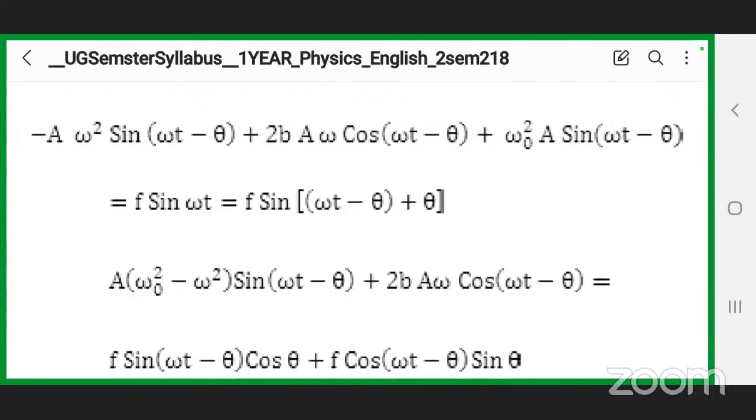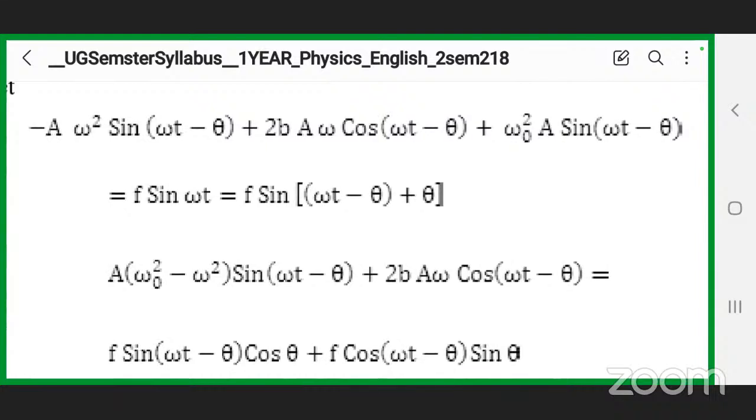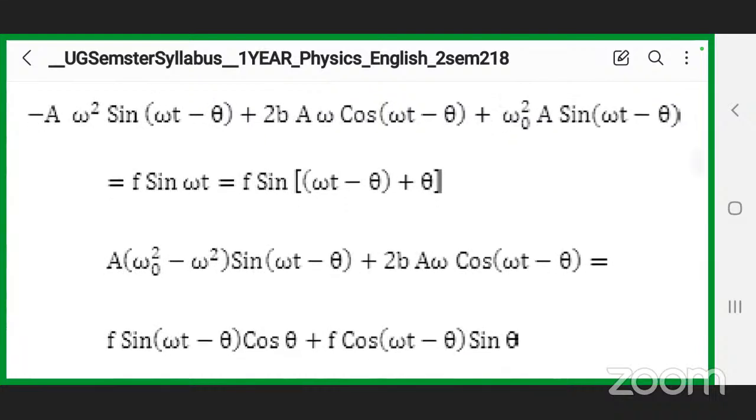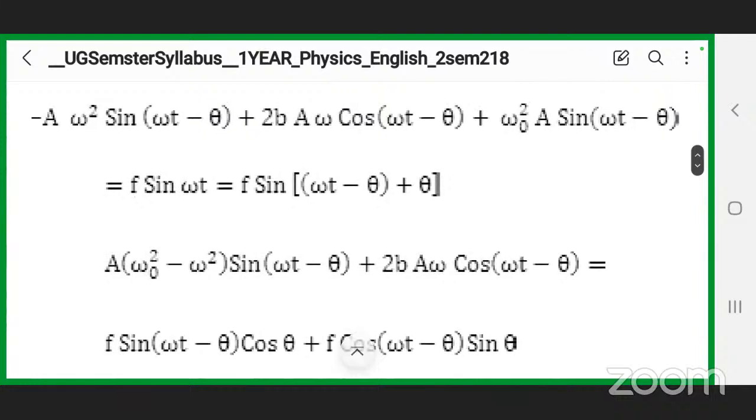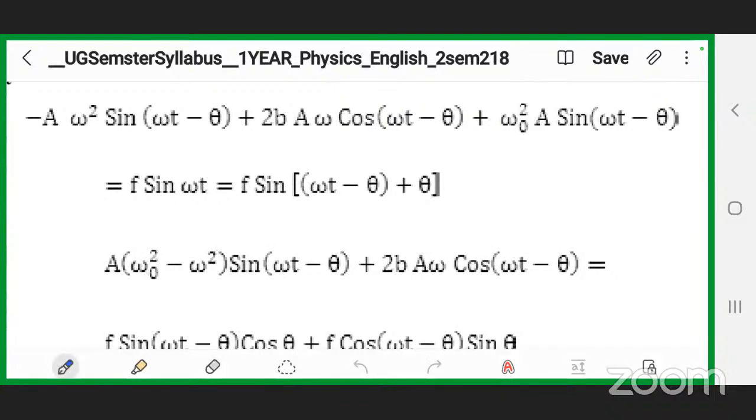So in the above equation, A, here sin omega t minus theta is there, and here also. Just see here.